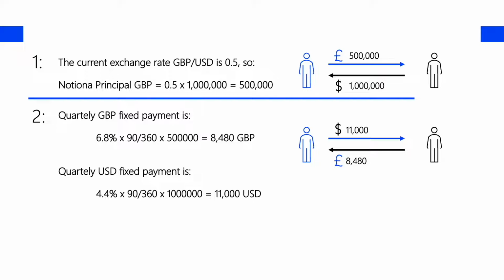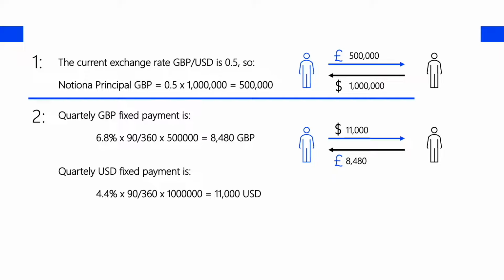As always in swaps, that's an annual 360-day simple quote. So to turn it into a quarterly payment, we must multiply it by 90/360. Multiply it by the notional principal, and that tells us every quarter we'll be paying 8,500 GBP.